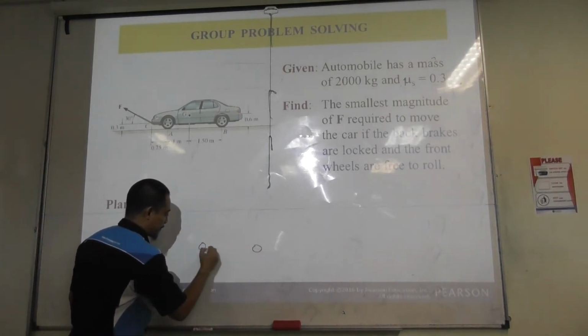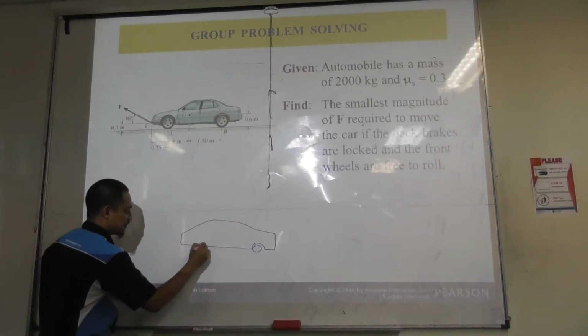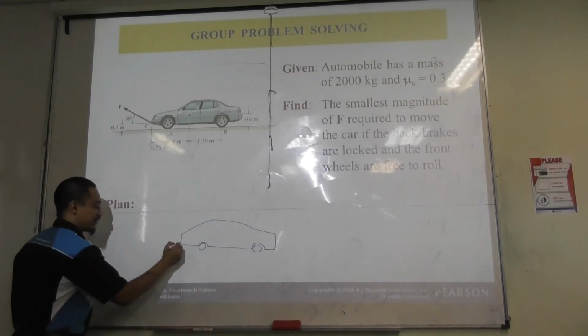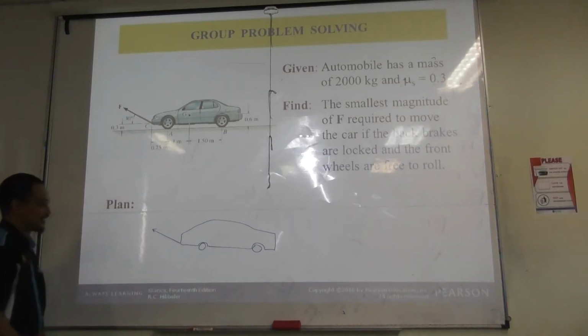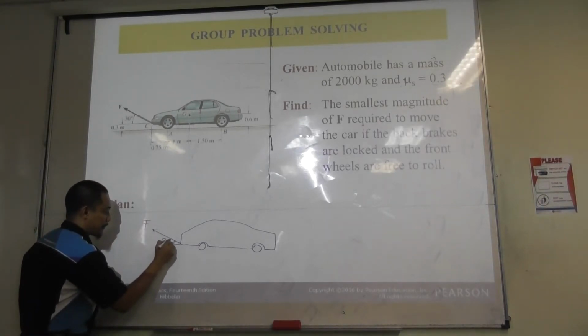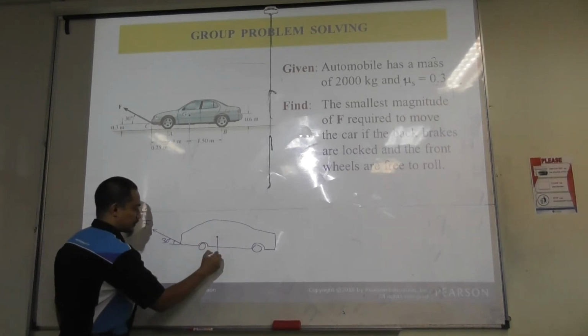Saya kecil sangat tayar dah. Mana depan ni? Abaikan model kereta ni. Boom. Okay, F. And then G, so you have weight there also.